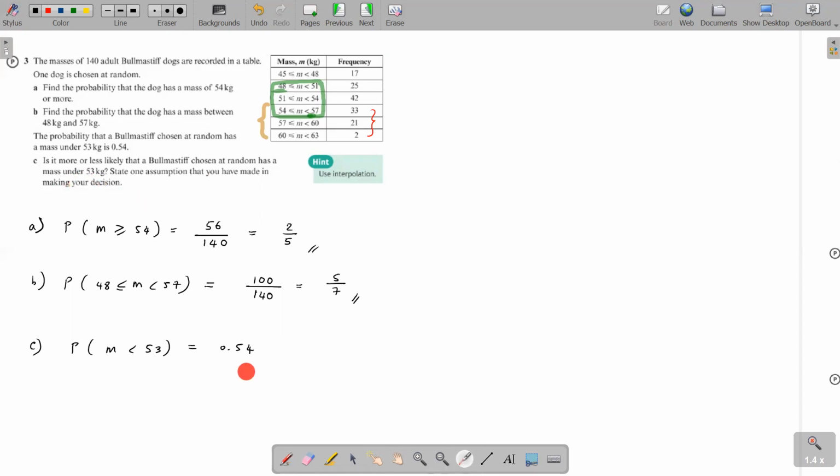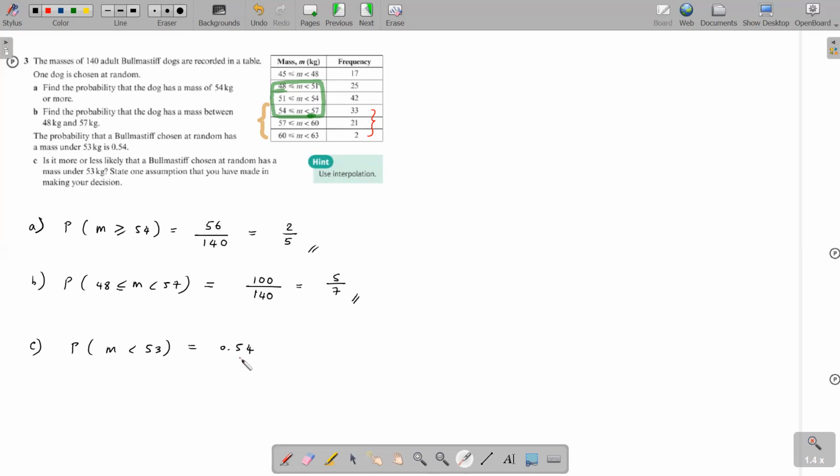So basically you need to calculate the probability that mass is less than 53 by using this table, and then compare it with this value and say whether it is more or less likely. If the answer you get is bigger than 0.54, it's more likely. If it is smaller than 0.54, it's less likely.